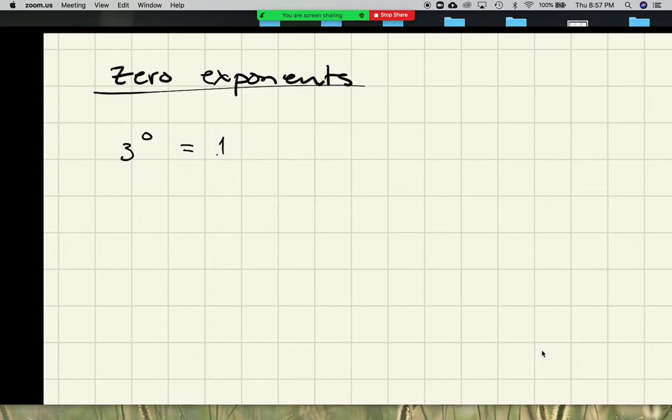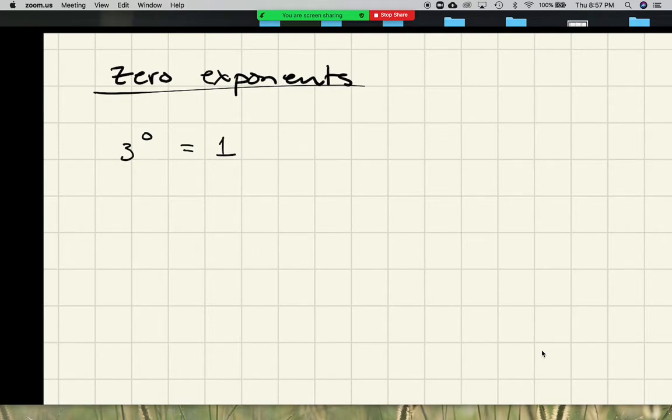It equals 1. You can think of it as the rule. 3 squared is 3 times 3, so that's 9. None of that matters when you have a 0 exponent. The rule is if you have something to the 0, that equals 1.